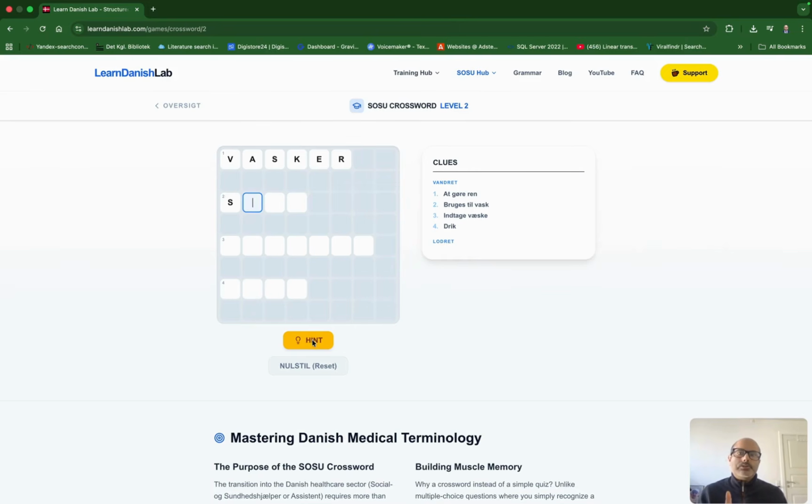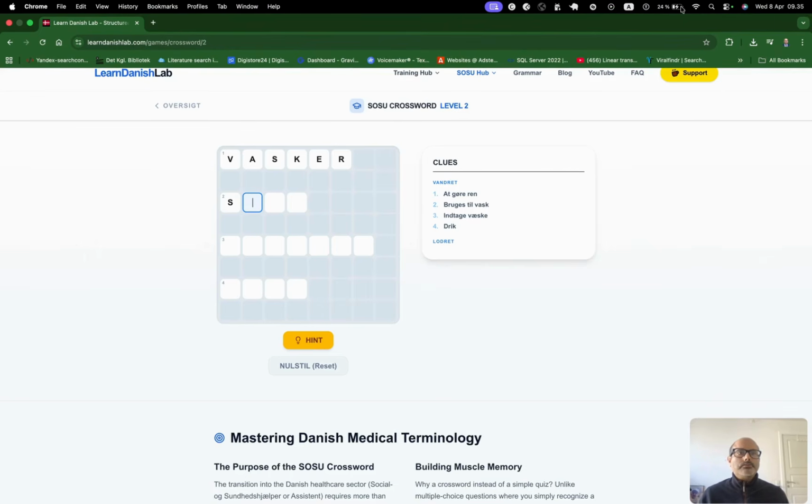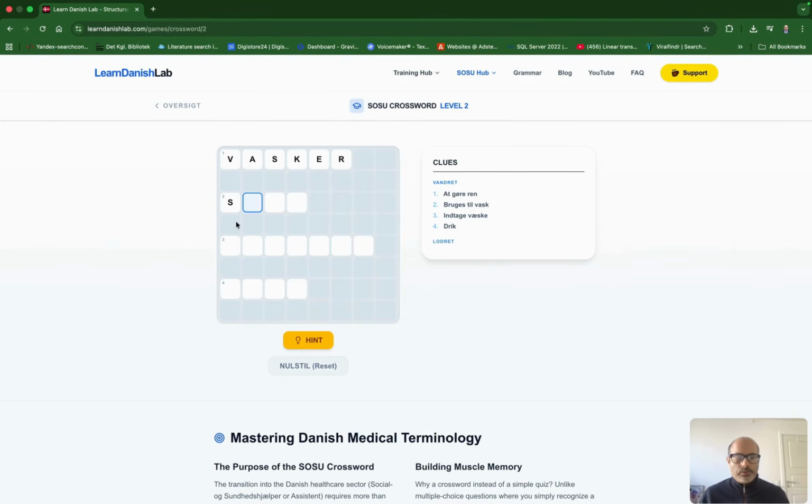The first letter starts with S. What could be the possible thing? Could be sæbe or shampoo. But we need only four letters, right? Could be sæbe. Let me change my keyboard to Danish, right? Yeah, that's sæbe.